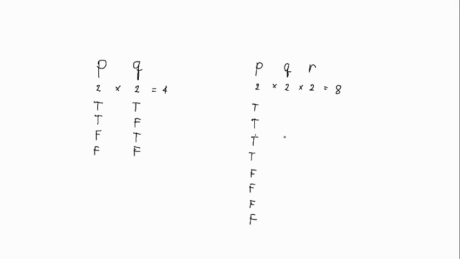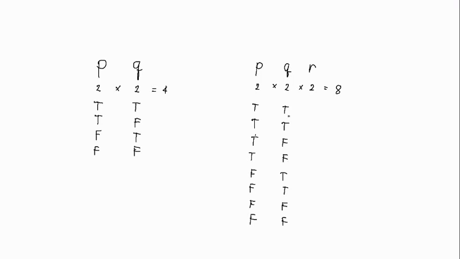And then for the Q column, we divide 4 by 2, which is equal to 2, and so we have 2 truths and 2 false, and then we do that alternately.